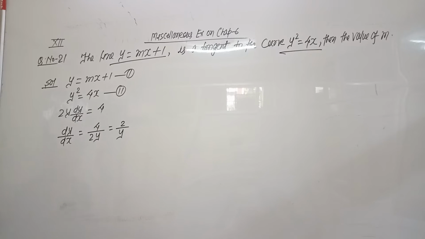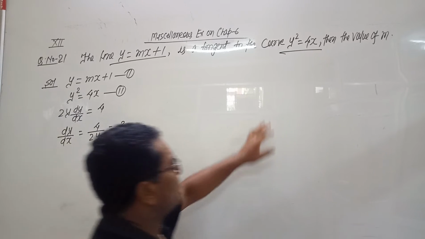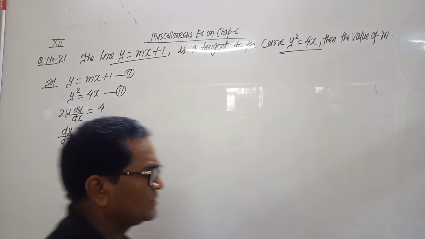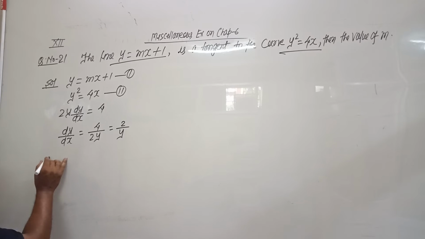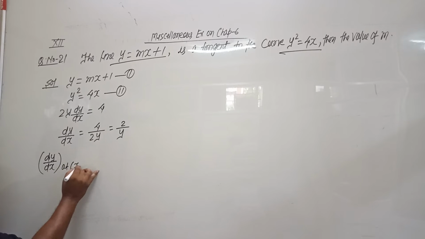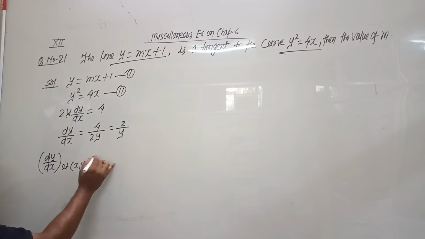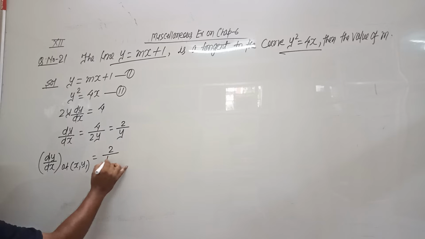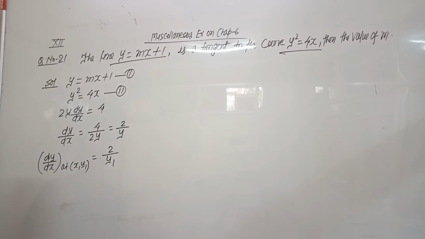Now suppose (x1, y1) is any point on this curve. So we find dy by dx at (x1, y1). This is 2 by y, and at the place of y, we write y1.